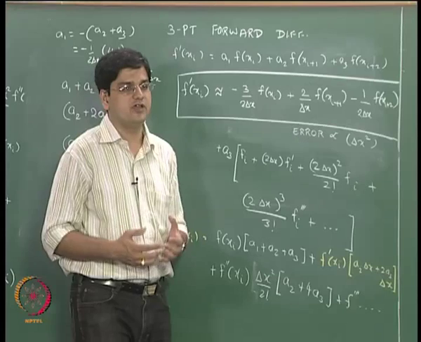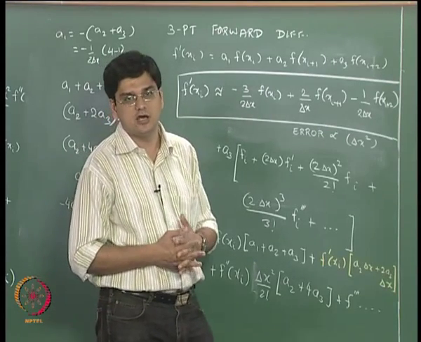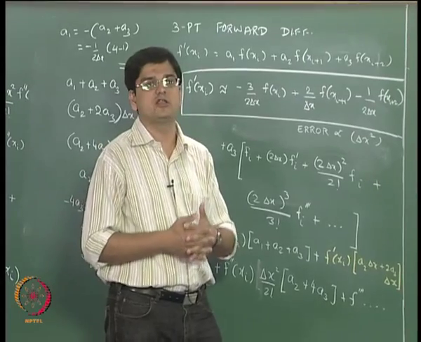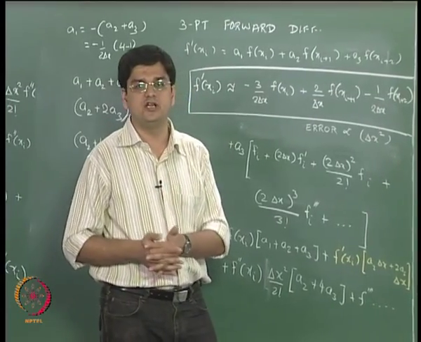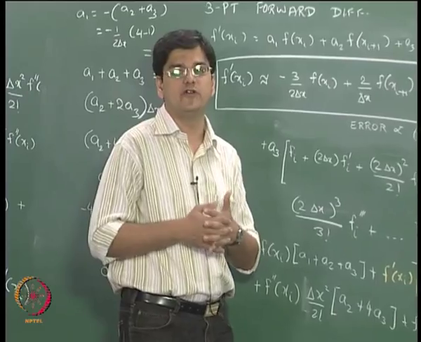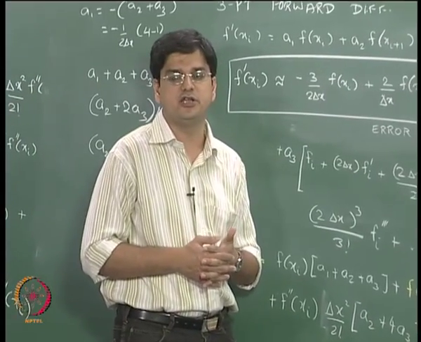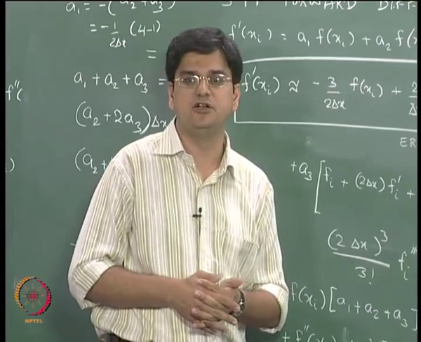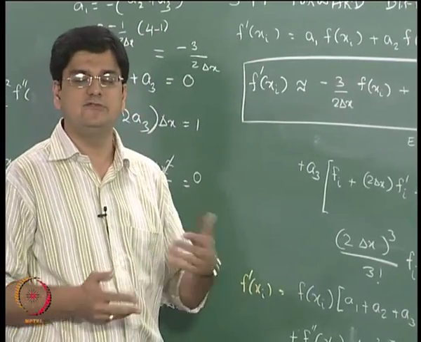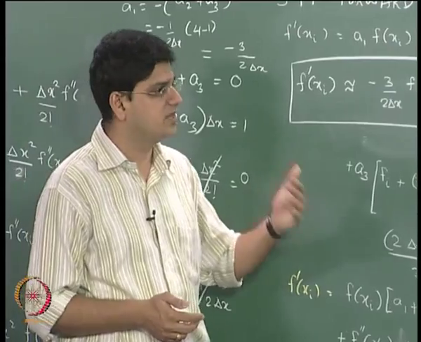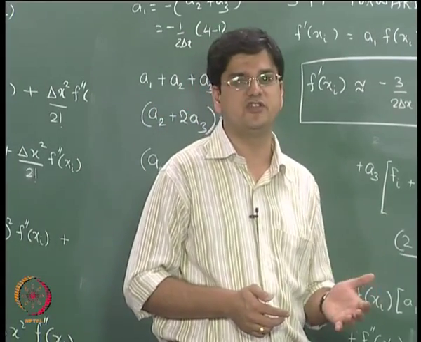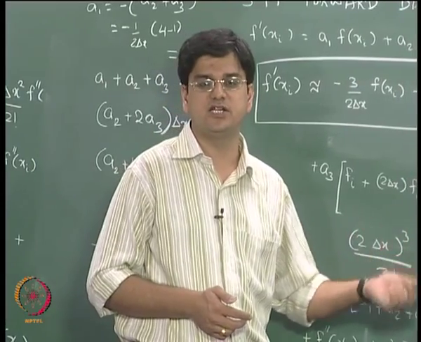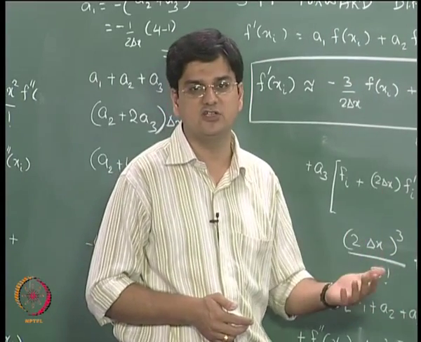To summarize what we have done in this lecture until now, we started off with an introduction to numerical differentiation and integration. We motivated where exactly numerical differentiation and integration will be useful, and then we started covering some of the methods for getting the numerical differentiation using the forward difference method, backward difference method, and central difference method for getting f dash of x.